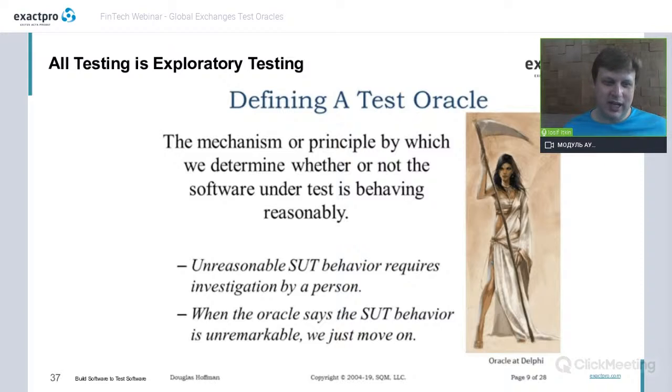So all types of oracles, their job is to, I would say, calculate the probability of whether the situation requires involvement of the human oracle. So when there is unreasonable system under test behavior, it requires investigation by a person. In other cases, oracles exist to say that what is observed is unremarkable, so we should probably save humans time to avoid looking into this.